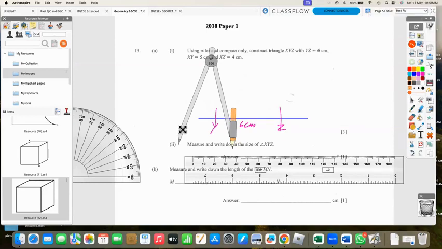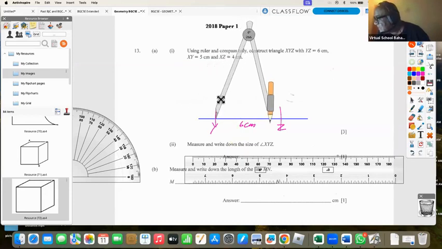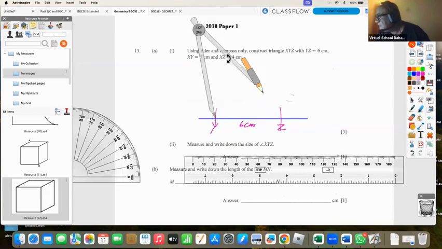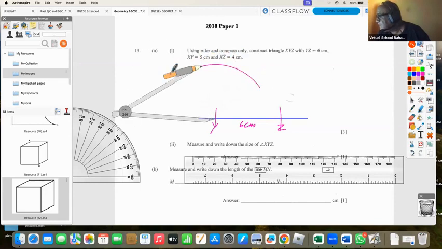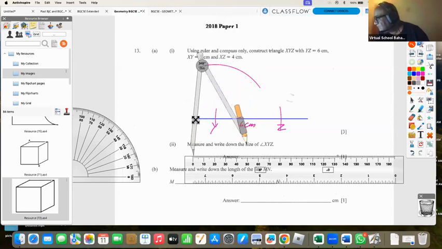At Y, because it's XY. So this point, the line that we are going to make now, we go up there and we draw a line. So somewhere along that line there would be my X. Right as it stands now, I can't just draw a line and put in X. I have to do the other side, which is 4 cm.